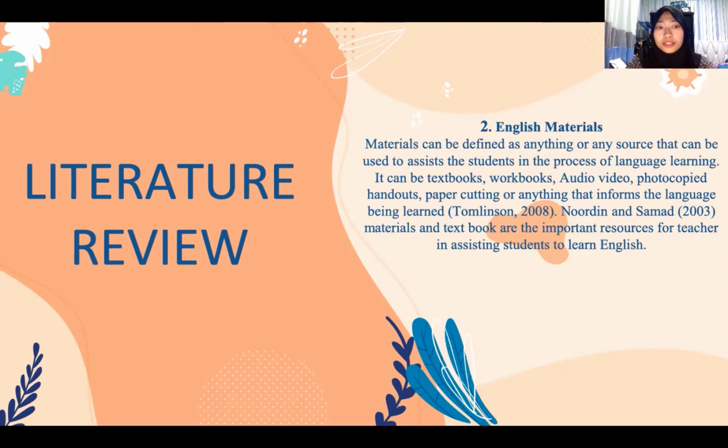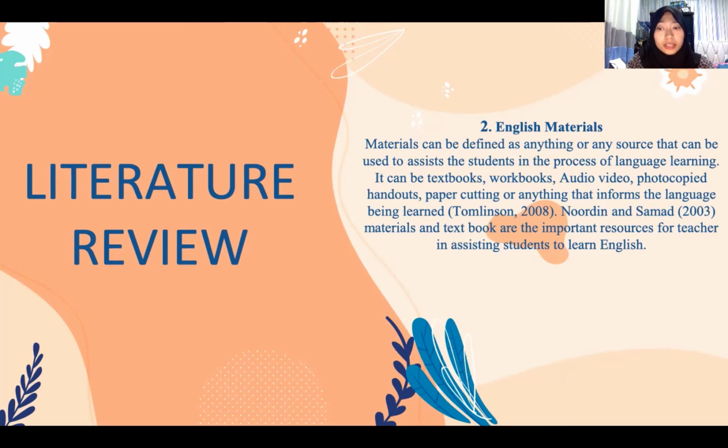And the second literature review is English materials. Materials can be defined as anything that can be used to assist students in the process of language learning. It can be textbooks, books, audio, video, photocopied handouts, paper cuttings, or anything that informs the language being learned.